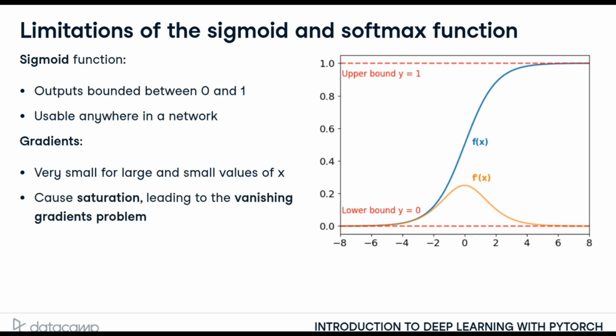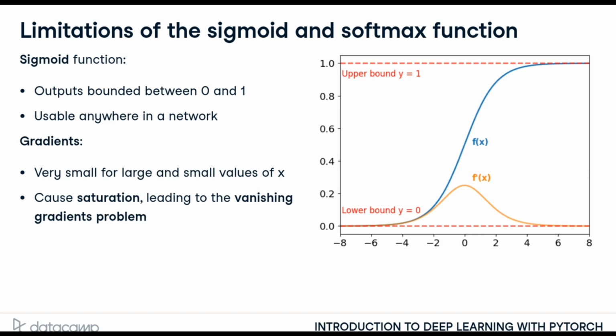During backpropagation, this becomes problematic because each gradient depends on the previous one. When gradients are extremely small, they fail to update the weights effectively. This issue is known as the vanishing gradients problem, and it can make training deep networks very difficult.